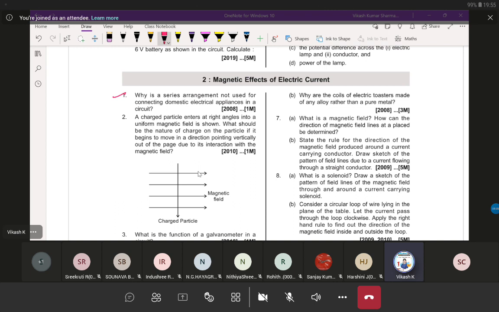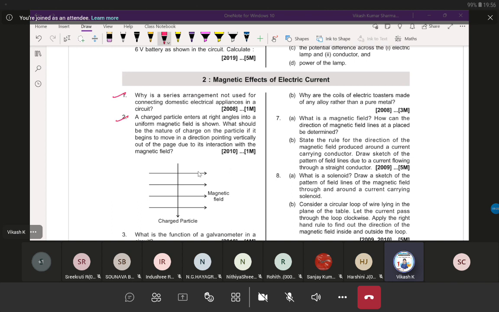That is the first answer. Second, if you connect in series, then more resistance it will offer, and we don't want more resistance. Also, more energy loss will happen, isn't it? Right. So these are a few reasons for which we are not connecting in series. Instead of series, what are we connecting in? Parallel connection.